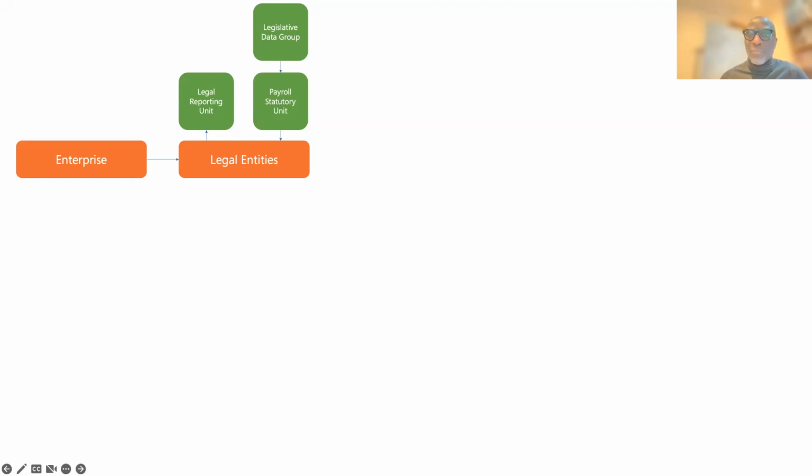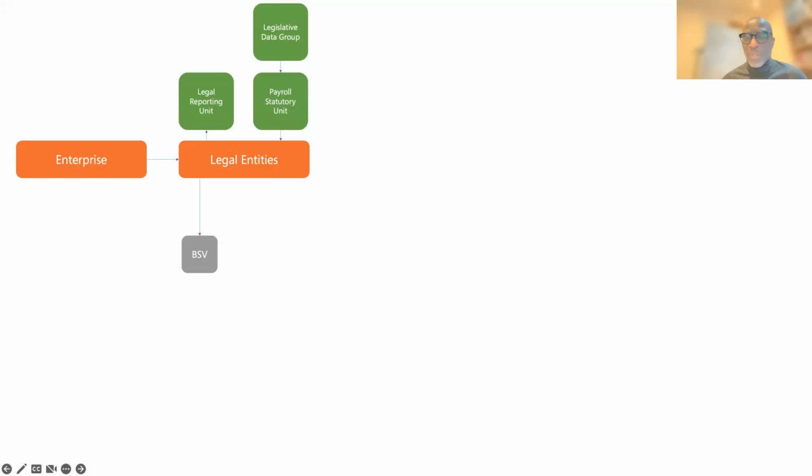Now, within your legal structure, there are certain things that tie your legal structure back to your accounting structure. And before I go into the organization structure, there is one element of it called the balancing segment value. So let's just hold that thought for a second. Now, for people who are accountants, you know that when you have a ledger or a book where you record your transactions for that legal entity, you need to balance your books by that legal entity's ledger.